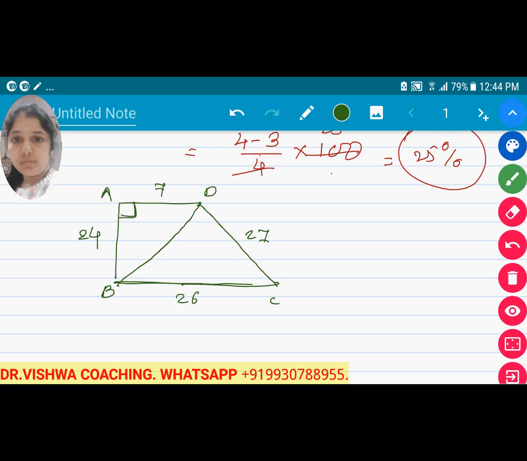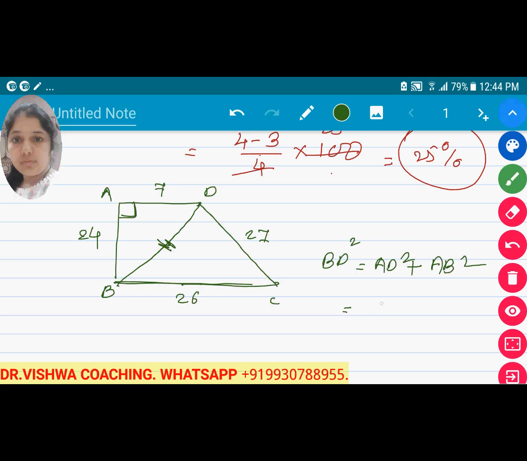Okay, now this is a right angle triangle, so we can find the value of this side by using the Pythagoras theorem. So use the Pythagoras theorem and find the value of BD. So BD square is equal to AD square plus AB square.